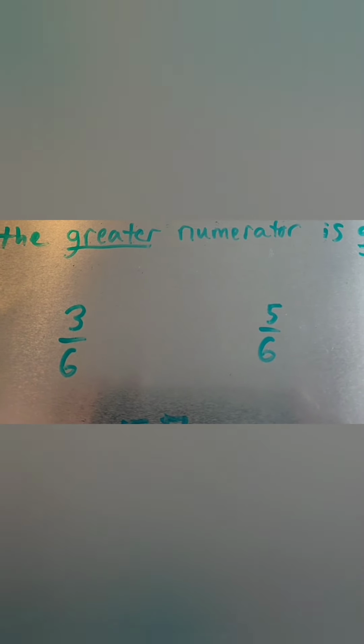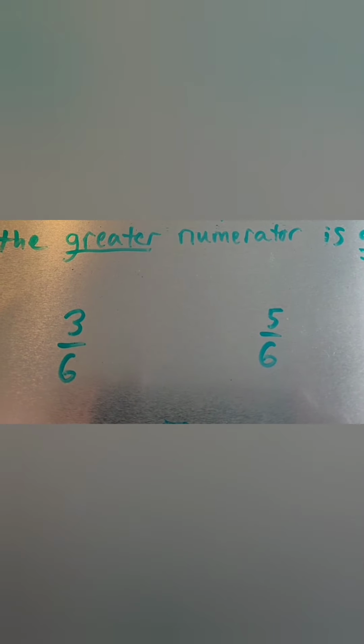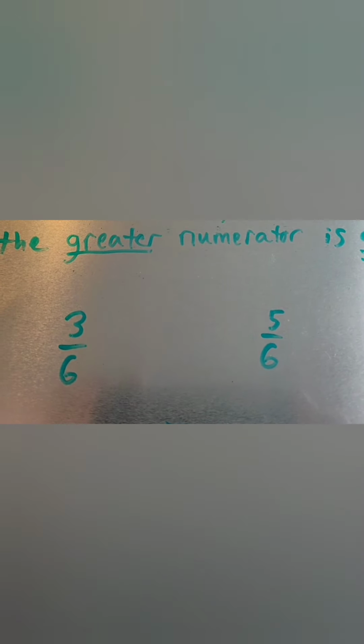They have the same denominator, which is 6, which means that in both fractions, the whole is broken into 6 equal parts. And even though I didn't do this in my last example, it's a good idea to draw the wholes right next to each other. So for example, again, both wholes are broken into 6 equal parts.